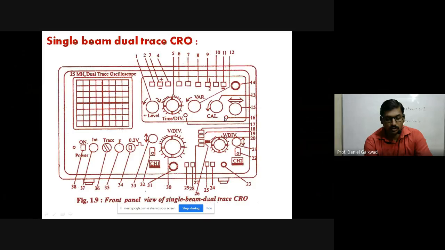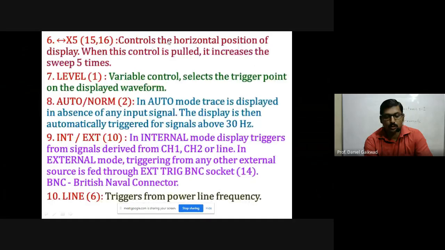These two will be useful to control the horizontal position of the display, so we move the beam. Suppose the display is 5 centimeter or 10 centimeter, so the beam also has 10 centimeter, and we can move that beam horizontally on the screen. That can be moved with the help of the 15 and 16 controls of the front panel.